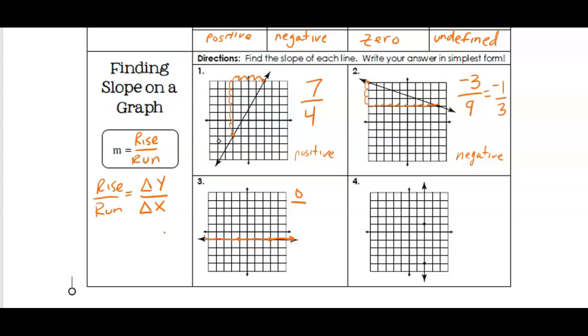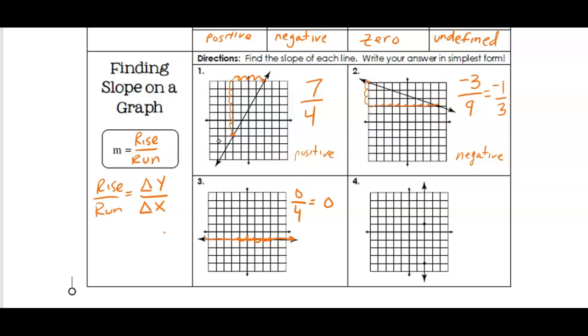So I got 0 on top. How many spots did I run? Well, this says it's going 1, 2, 3, 4. Well, 0 divided by 4 equals 0. So that slope does exist. It's just 0, so it's not going to have ones like these as our answer, but it still exists.